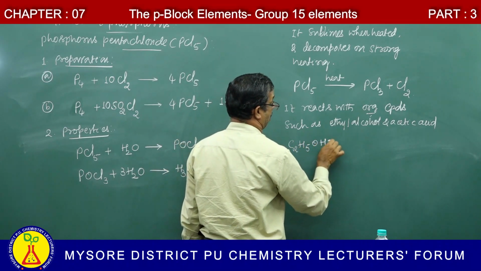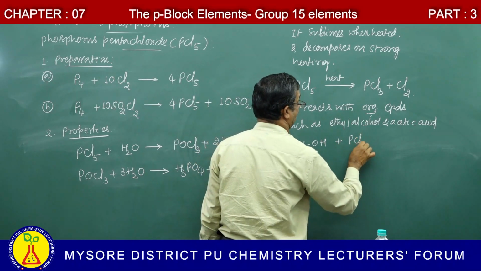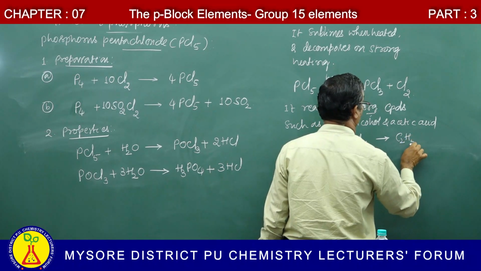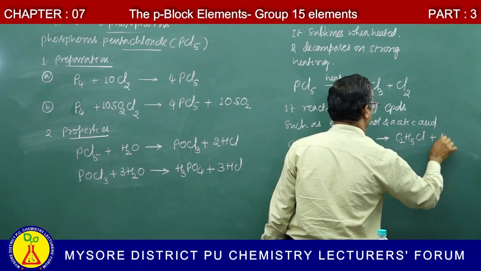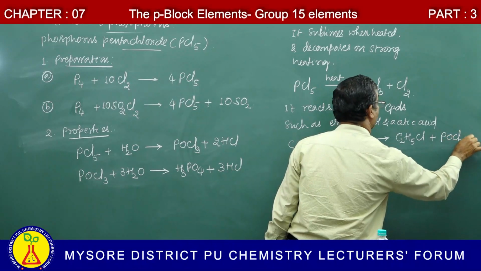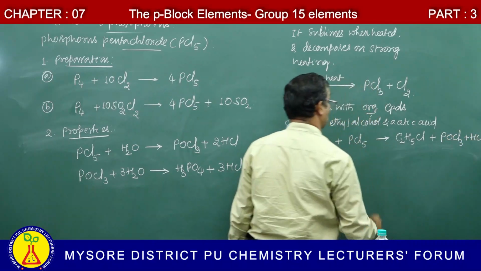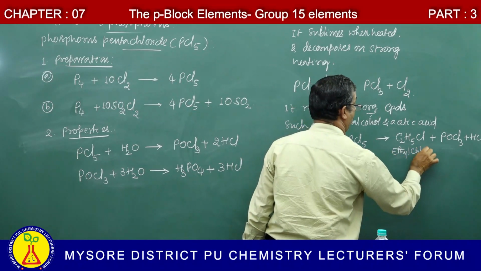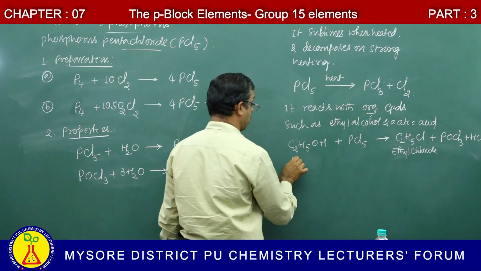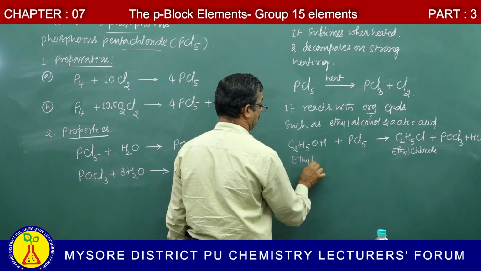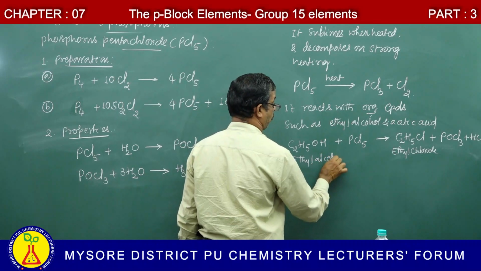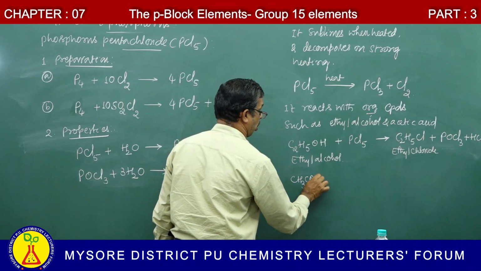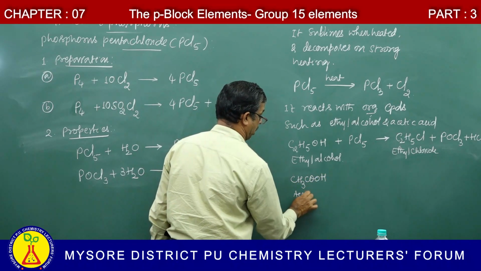Look here, C2H5OH. It combines with PCl5, gives C2H5Cl plus POCl3 plus HCl. This is ethyl chloride. And this is ethyl alcohol. And acetic acid, CH3COOH.